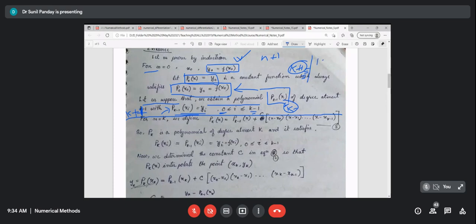What we actually do is take k data points separately and one point separately. For these k data points, there exists a polynomial of degree k minus 1 which satisfies these k data points.